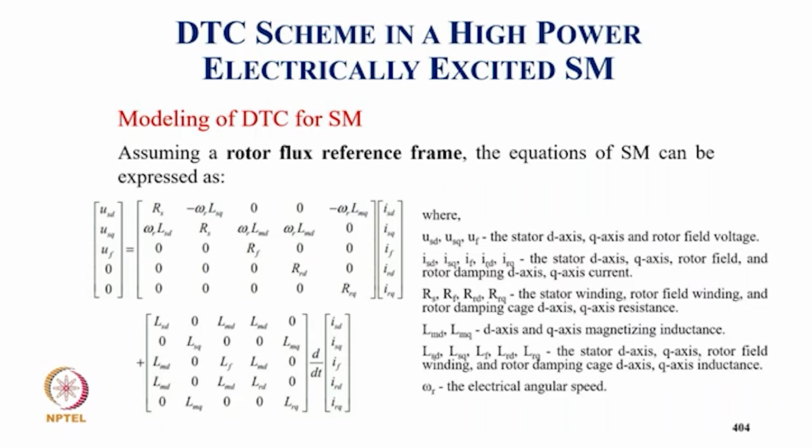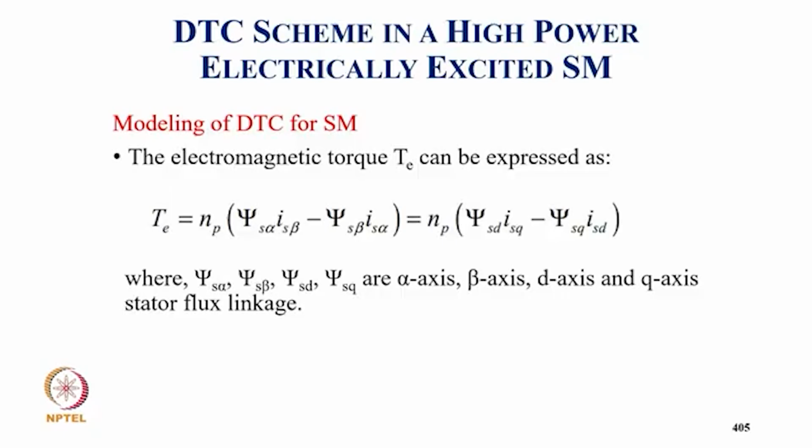And this is the modeling of DTC in the rotor reference frame. The kinematic equation is phi SD, phi SQ, USD, USQ, UF, 0, 0, and then we have a complete matrix in ISD, ISQ, IF, IRD, IRQ. Then your G matrix, d upon dt of currents like ISD, ISQ, IF, IRD, IRQ, and then the developed torque T equal to NP in bracket psi S alpha iS beta minus psi S beta iS alpha, equal to NP in bracket psi SD ISQ minus psi SQ ISD.